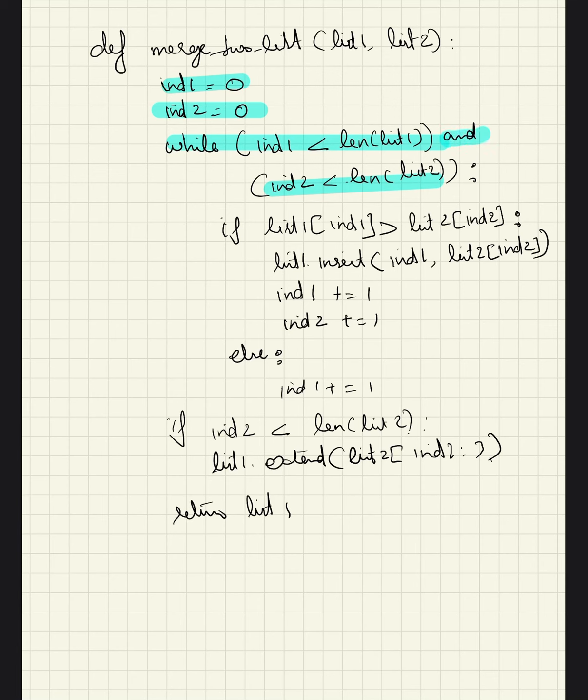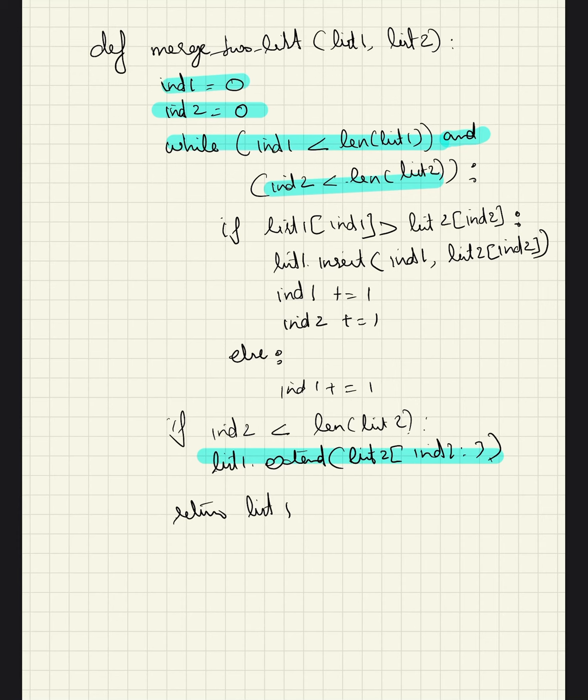Because it is an AND, we will break out if we have finished traversing one of those. The funda there is, if you have finished, let's say, list1, then we can just extend whatever is remaining at the end from list2, right?